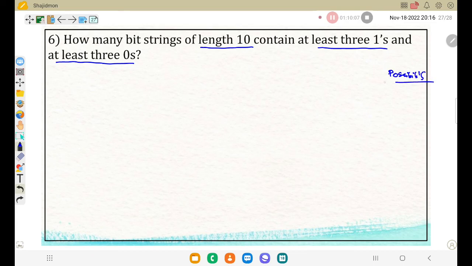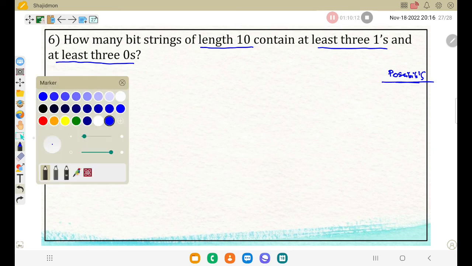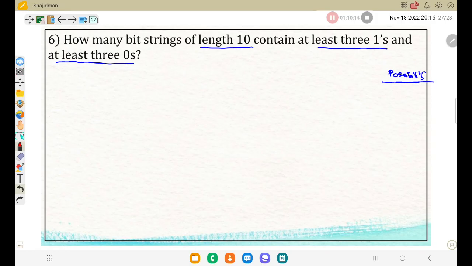First, just to see the possibilities, what are the possible ways. The selection: minimum 3 ones and 3 zeros. At least means minimum 3 ones should be there, and 3 zeros also should be there. For example, first I write ones, zeros.